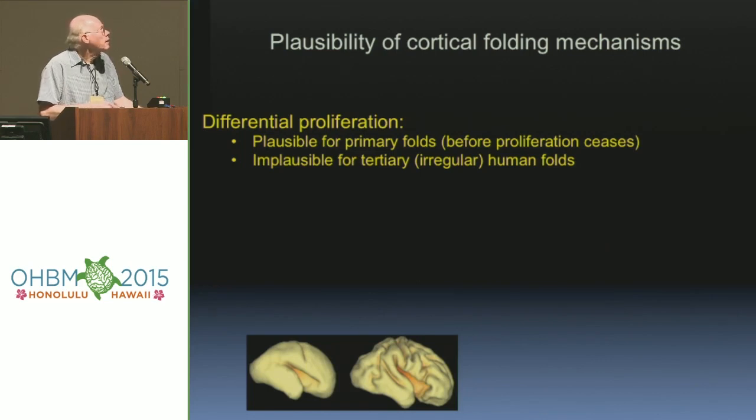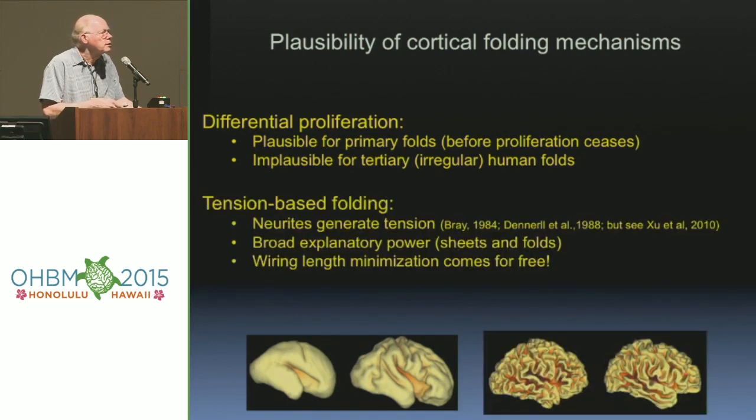So the concept that emerges that I find attractive is that differential proliferation may well be a major contributor to the formation of the primary folds, such as the Sylvian fissure, which would be a particularly prominent one in humans. It's hard for me to imagine that differential proliferation on its own could account for all of the secondary and tertiary folds.